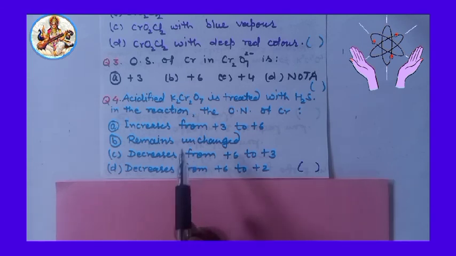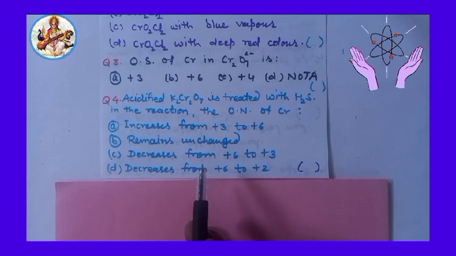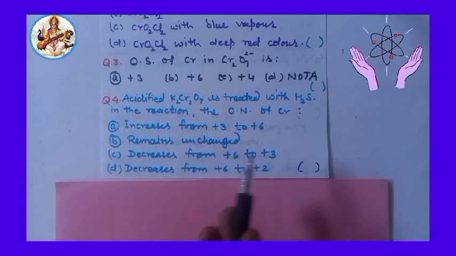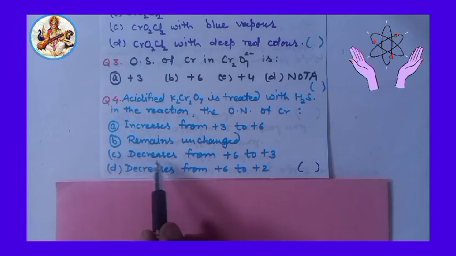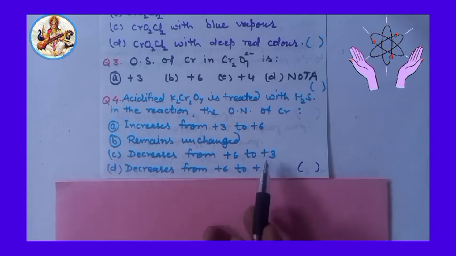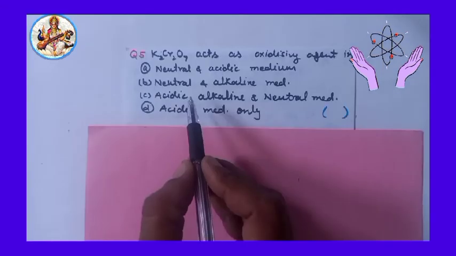We know that when acidified potassium dichromate is treated with H2S, dichromate gets reduced to chromium 3+. It means the oxidation number of chromium decreases from +6 to +3. So the answer will be option C.